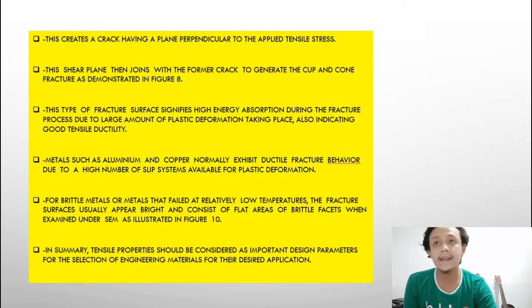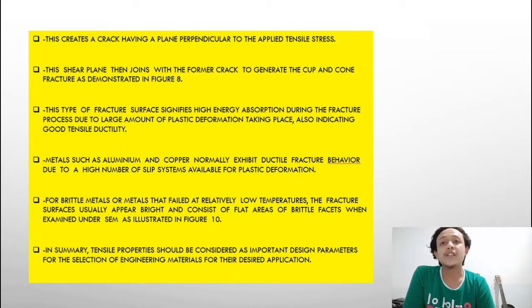The next one is this creates a crack having a plane perpendicular to the applied tensile stress. This shear plane then joins with the former crack to generate the cup and cone fracture, as demonstrated in Figure 8.